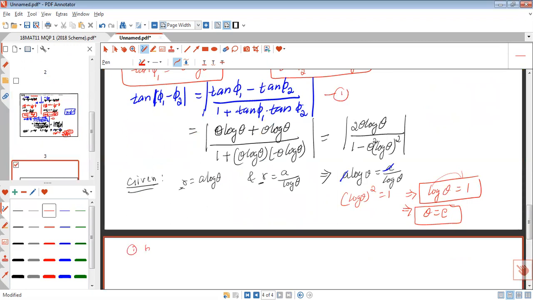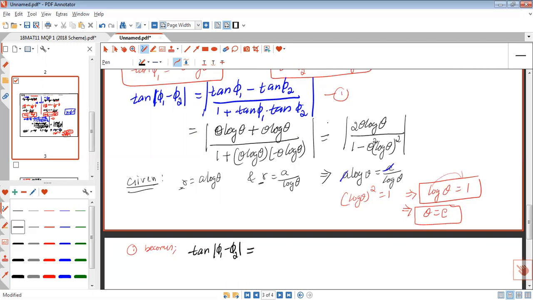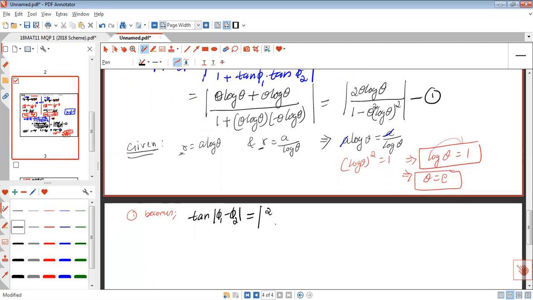Your equation 1 becomes, that is tan of modulus phi 1 minus phi 2, which represents the angle between the curves, is equal to 2 times theta, where the theta value is e and the log theta value is 1, divided by 1 minus theta squared, where theta value is e square and log theta is 1, that square.